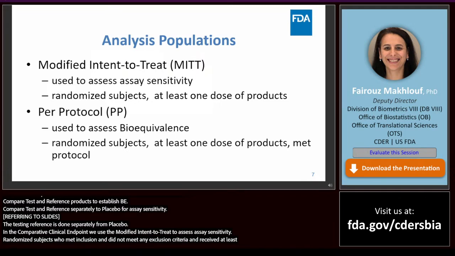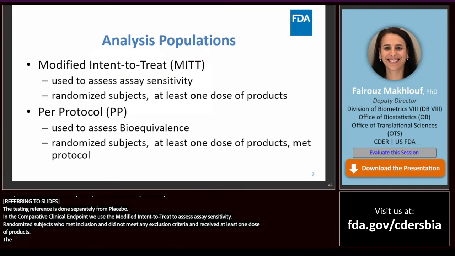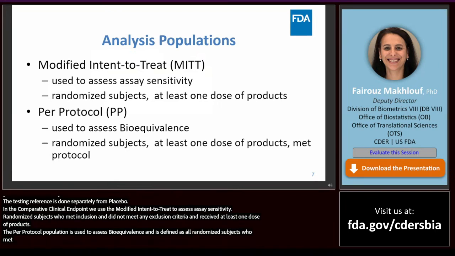The per protocol population is used to assess bioequivalence and is defined as all randomized subjects who met inclusion criteria and did not meet any exclusion criteria and received at least one dose of products, and who also met the protocol-specific criteria.